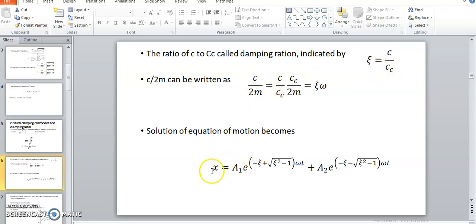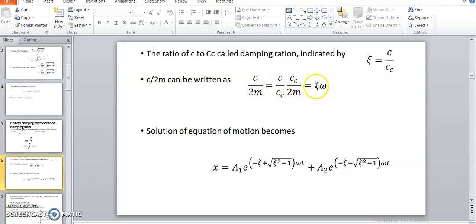Now we write the solution of the equation of motion in terms of zeta. To do this, we change c by 2m in terms of zeta. We rearrange c by 2m by dividing and multiplying by Cc: c by Cc times Cc by 2m.